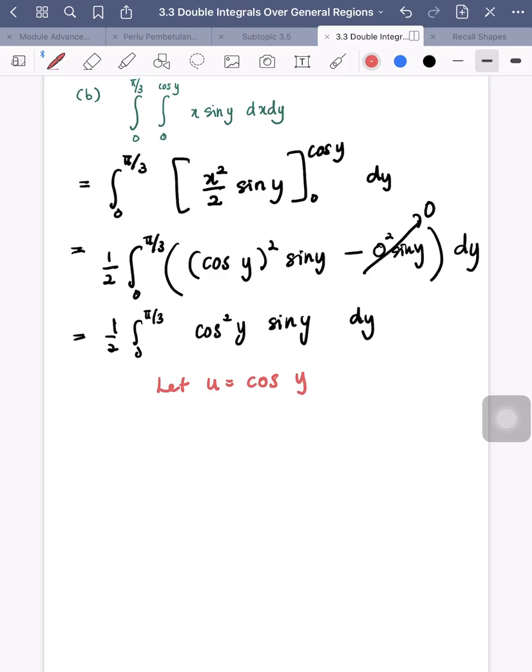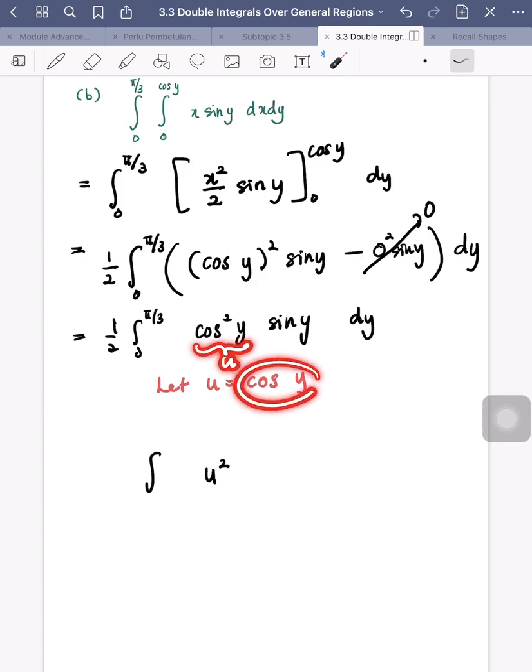Since this one becomes u, your function now becomes the integral of u squared. Cos y is u, and this we have squared.